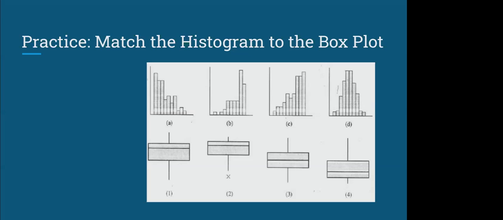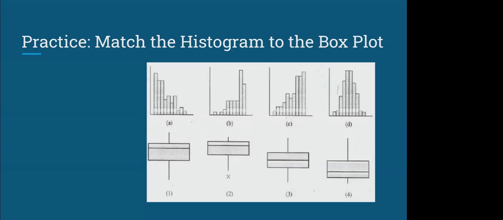The median of the data set, Q2, is closer to the median of the lower end of the data, Q1. What's the match? A matches with which number? Wait, 4, right? Yep, bam.